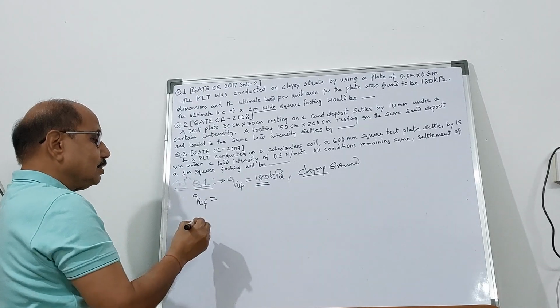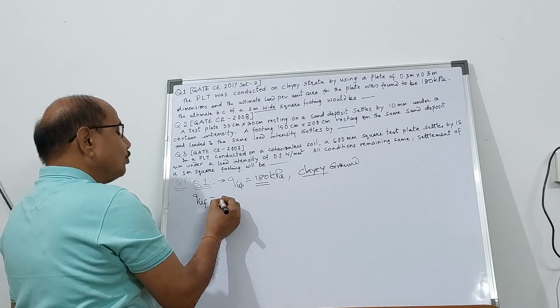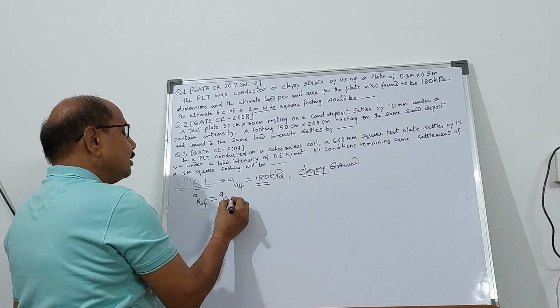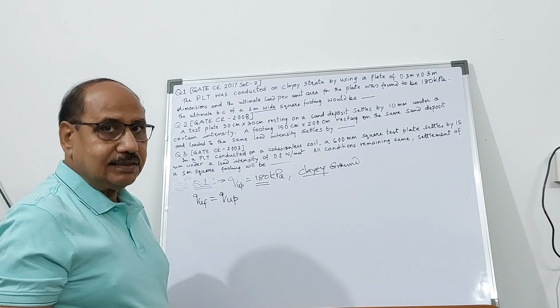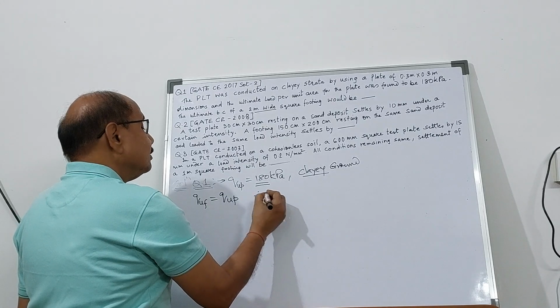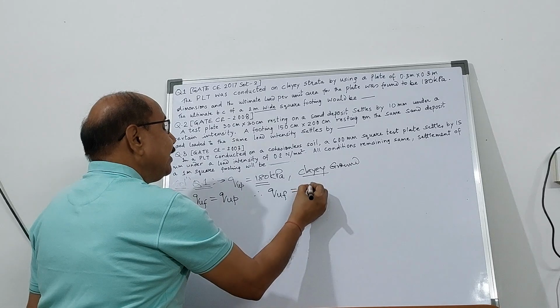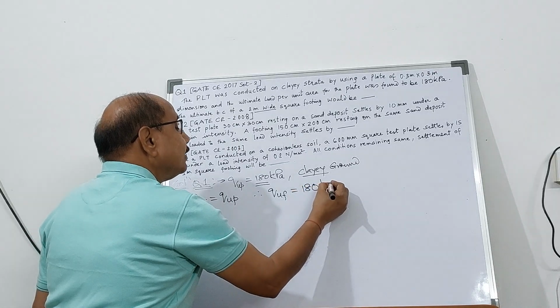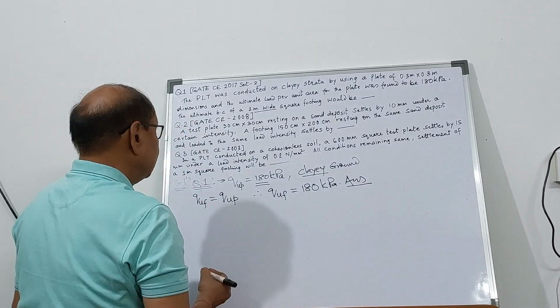But because the ultimate bearing capacity of a footing equals the ultimate bearing capacity of the plate, as it is independent of the size if the ground is cohesive, therefore the ultimate bearing capacity of the footing will be 180 kilopascal. Very simple problem.